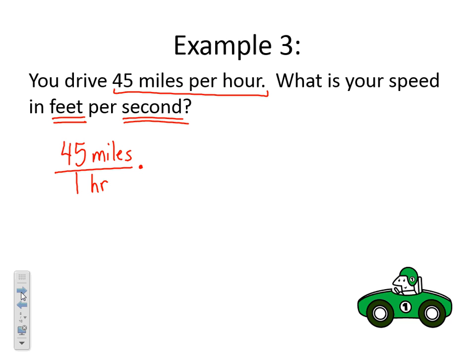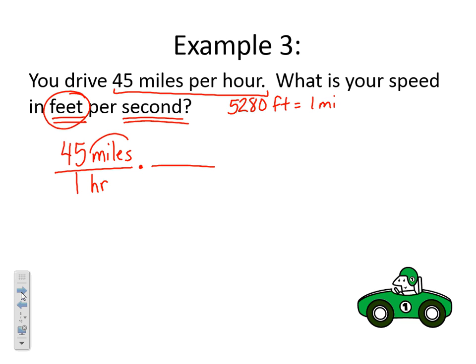Now let's just do 1 unit at a time. Let's start with feet. The units that I'm given talk about miles. I need to convert that into feet. There's a fact about feet and miles. There are 5,280 feet in 1 mile. So I'm going to use that fact and again write a fancy form of 1, a fraction using that unit knowledge, and I'm going to set up my fraction so that units will simplify away.